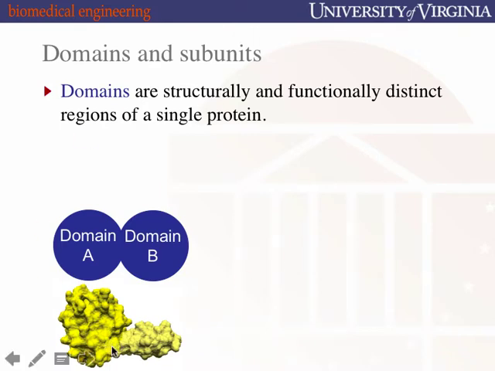Okay? Here's an example. This is a protein, just a random protein pulled up, and you can see even just by eye, it doesn't take a rocket scientist to figure out this domain could be described very distinctly from this domain here. So domain A and domain B. I can't tell you what domain A and domain B are on this particular protein. It could be that this domain A is the catalytic domain and this is the regulatory domain, or vice versa.